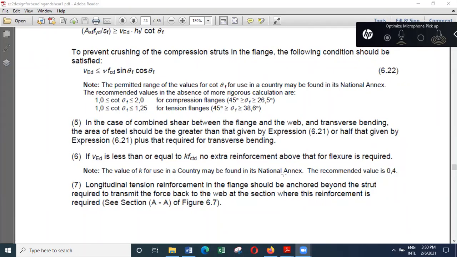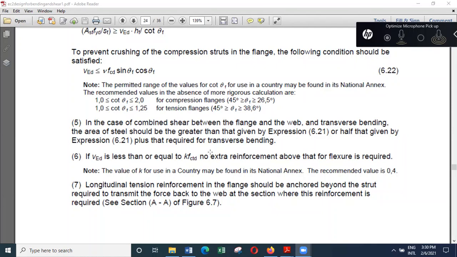And the value of K is 0.4. And FCTD, I'll show you how to calculate that in a moment. That is the design tensile force carrying capacity of concrete. So again, you can see it depends on the tensile force carrying capacity of concrete.